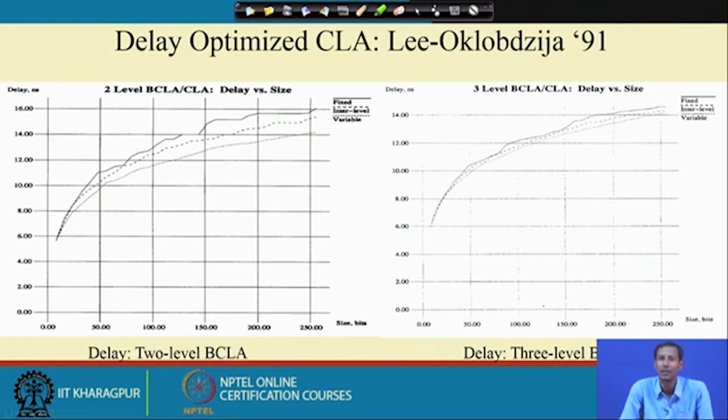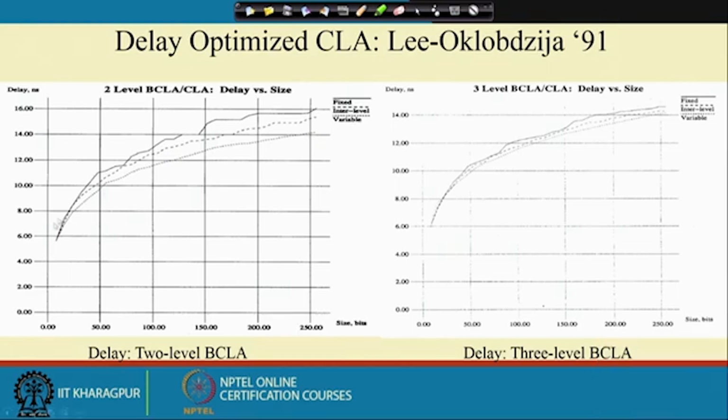and if I follow this dotted one, these are the variables, that means it can be variable size groups, or fixed groups variable size, or fixed groups variable levels. Okay. So, 4 of the architecture, that means 4 of the topology we have seen. Any from that is a variable one.